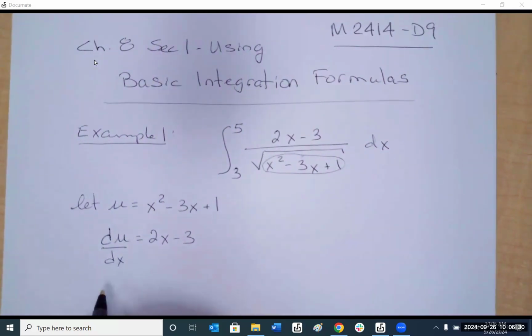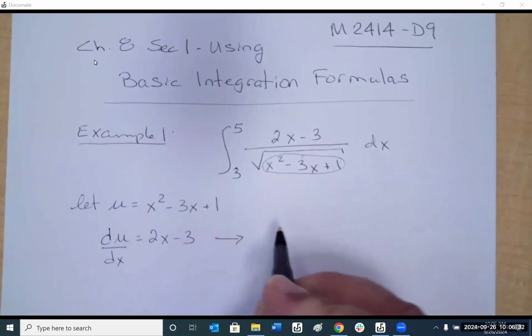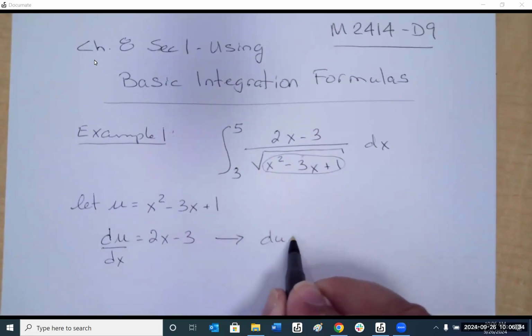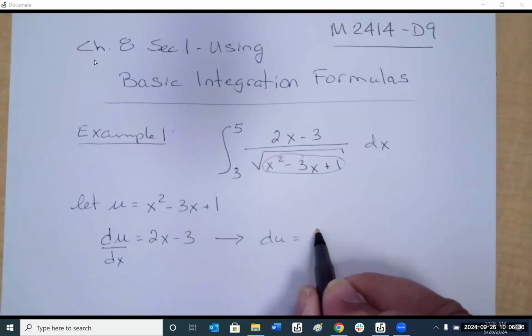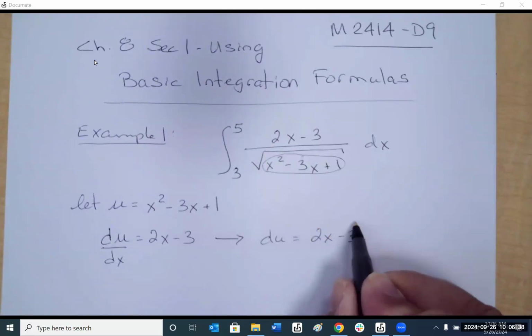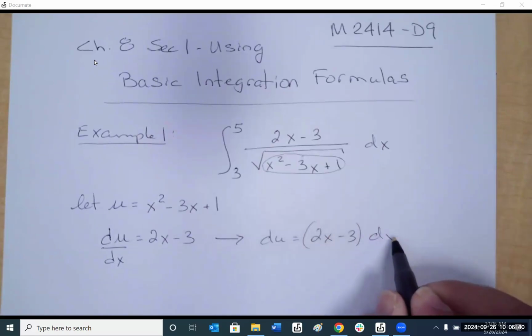Which could also be written du equals 2x minus 3 dx.